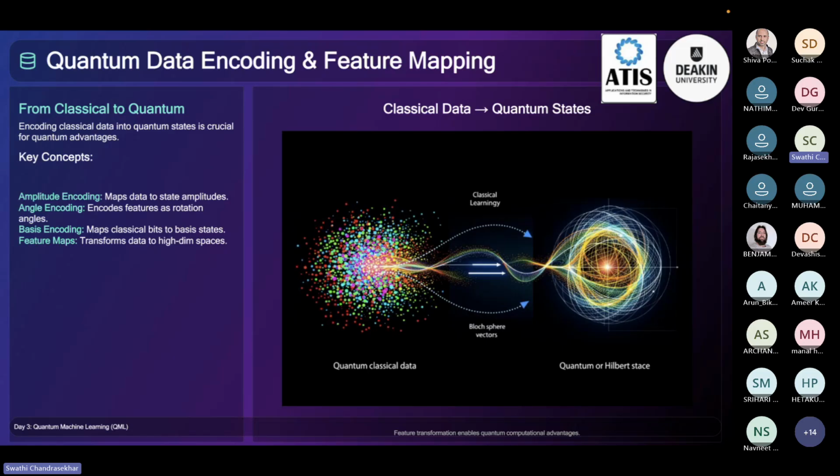In fact, the quantum kernel example we briefly saw on day two yesterday used the same idea. It used a specific feature map, the ZZ feature map in Qiskit, to embed classical data into quantum states and then computed inner products between those states as a kernel.